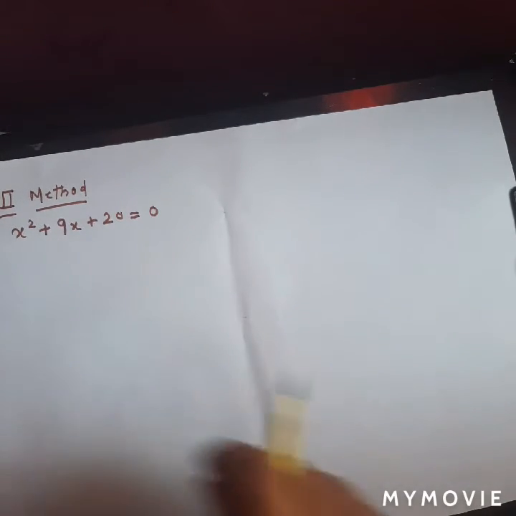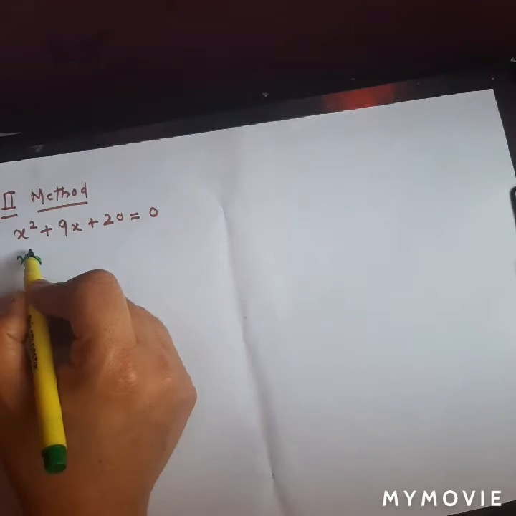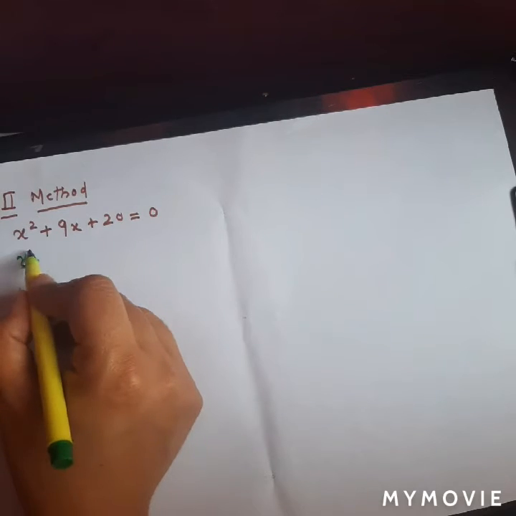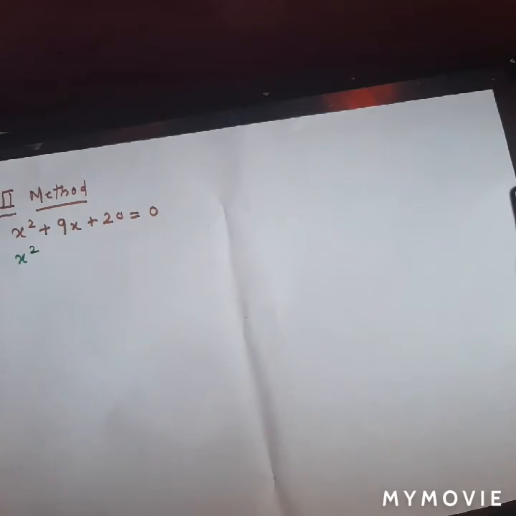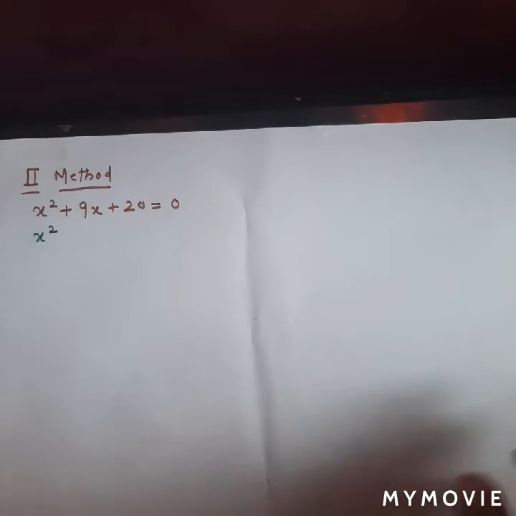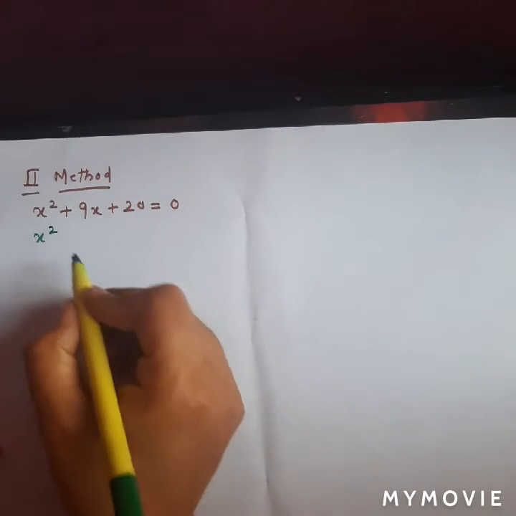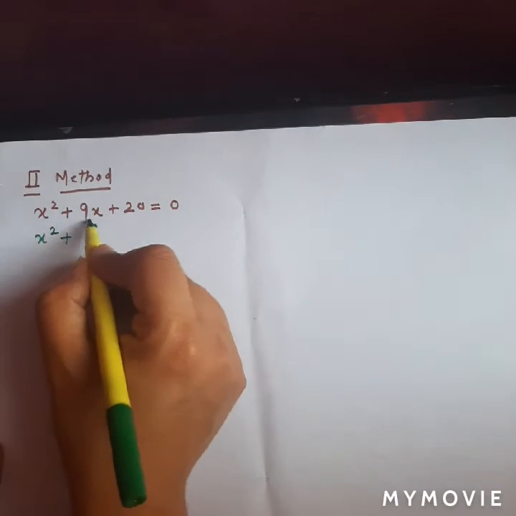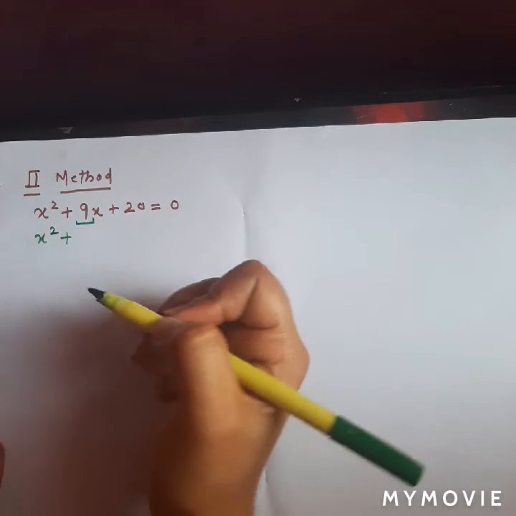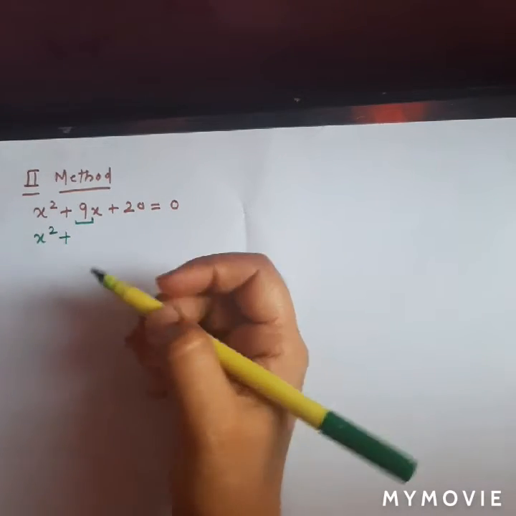We will write this equation in this way: x square plus, and we have to write this expression in the form of addition of two integers.